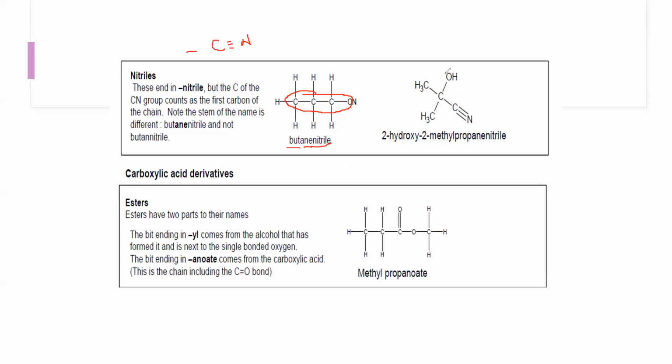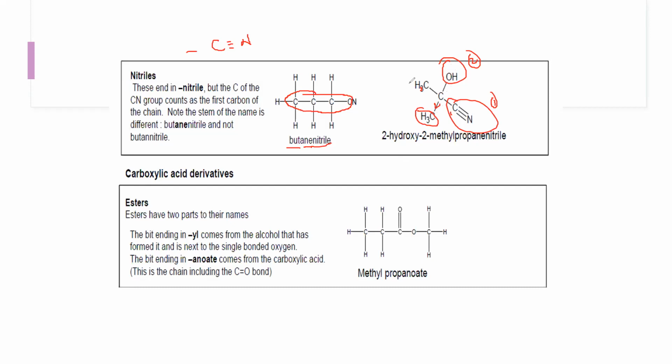Now, if we have two functional groups, one is hydroxy, another one is nitrile, like OH group is there and C triple bonded with N, the priority group is the nitrile group. So we count the number of carbons: 1, 2 and 3. At the second position we have a branch of carbon and we have alcohol as well, OH. But when OH is considered as a branch, we use the term hydroxy.